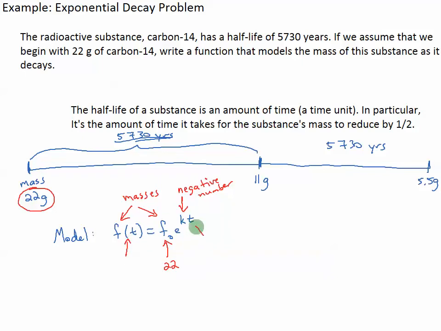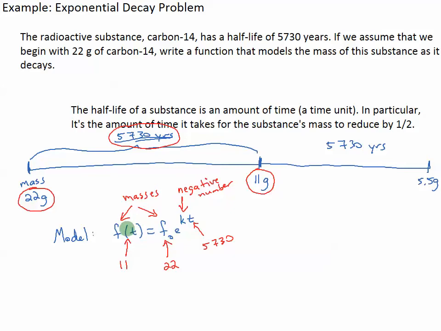Now, what is the time period? The time period is the time that elapsed, which would be 5,730 years. So that's what we could plug in for time. And after that amount of time passes, our new mass is 11. So that's going to be our f of t. So our f's are masses. F sub 0 is the starting mass.